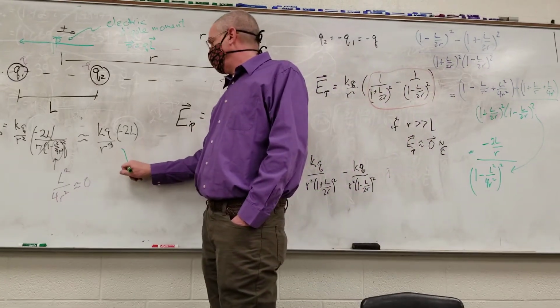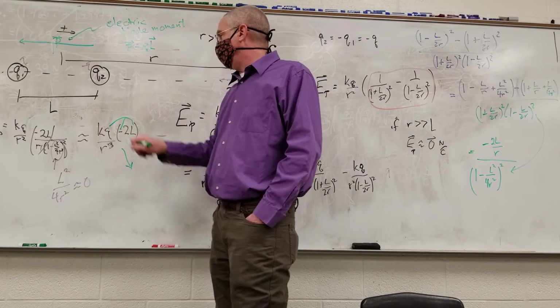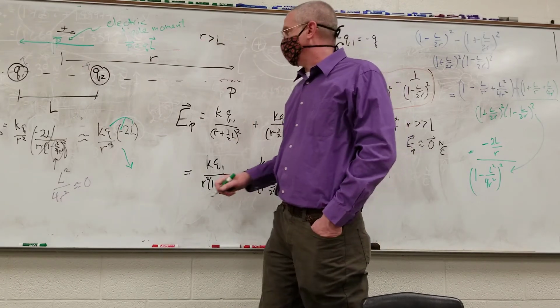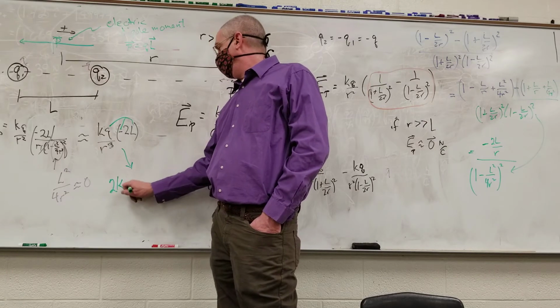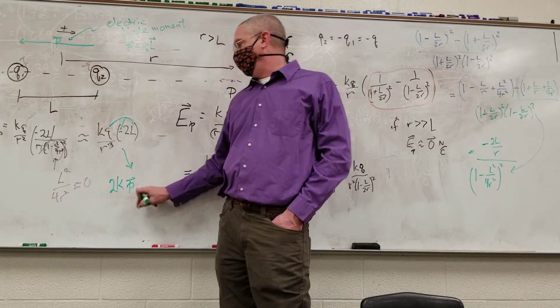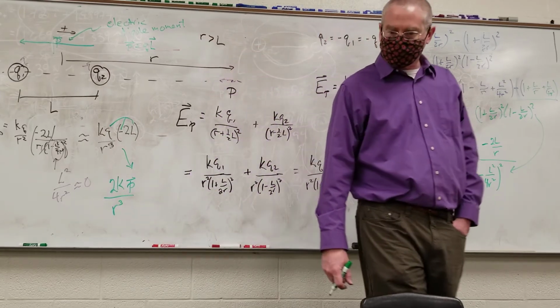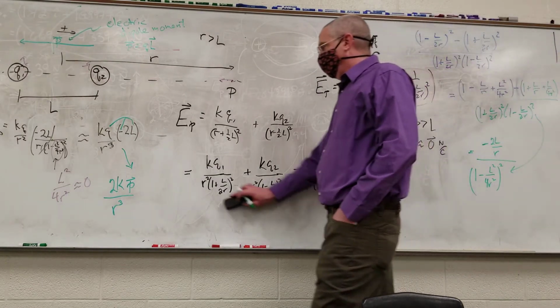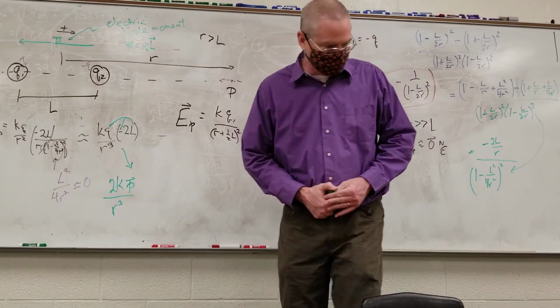And so this equation here now becomes, well, there's my negative QL. Negative because it's pointing in the negative direction. And so this becomes K, 2K, electric dipole moment, over R cubed. We can write it slightly differently, because what the heck, why not?